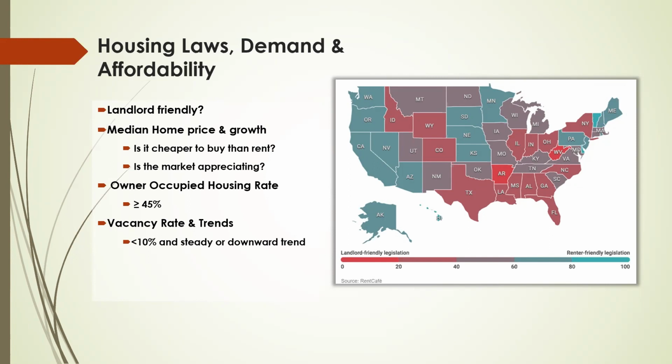Yep. We look at housing laws, demand, and affordability. One of the big questions is, is it landlord friendly? We have a map as a visual on the right side of your screen. It's a good visual, and both Brandon and I had talked about this map before.